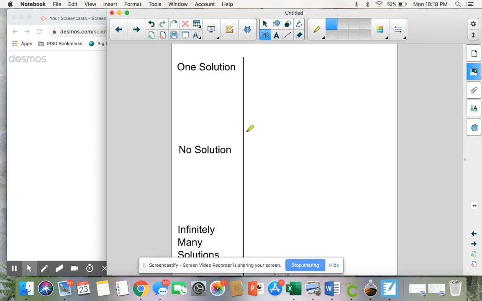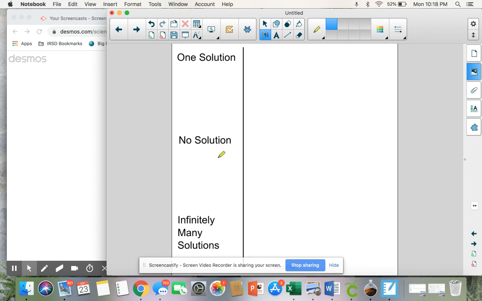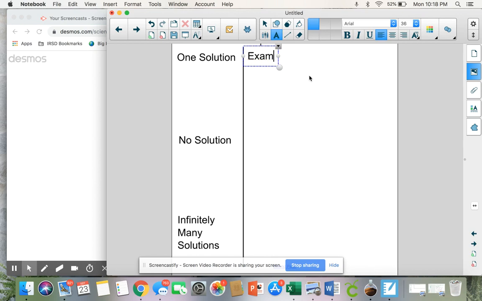Great. So right now, I want you to go ahead and add your notes in. You've done one solution equation. So what does it mean for an equation to have one solution? What does it mean for an equation to have no solutions? What does it mean for an equation to have infinitely many? So I want you to provide an explanation.